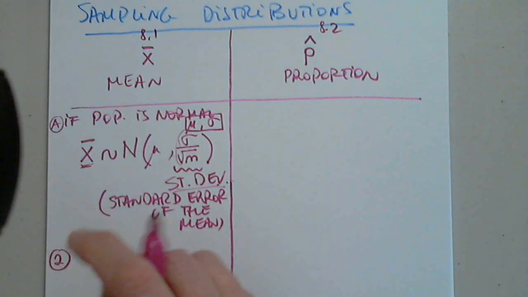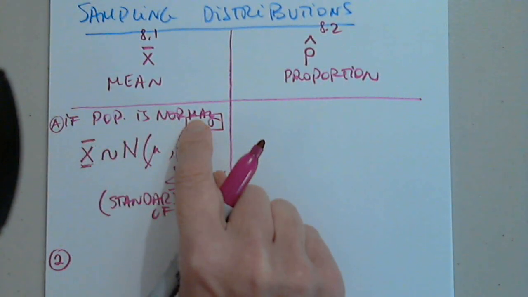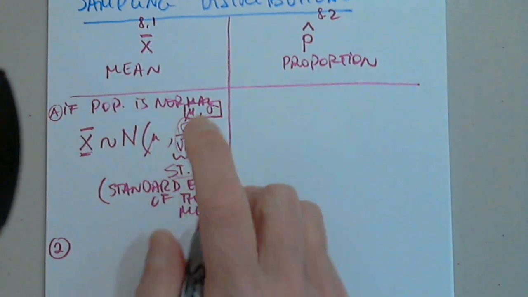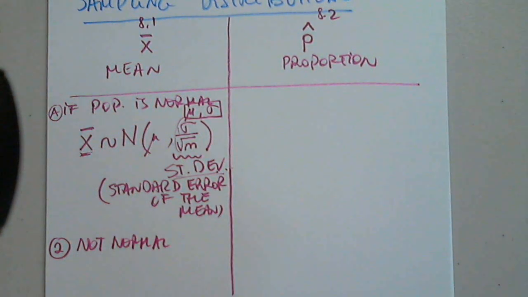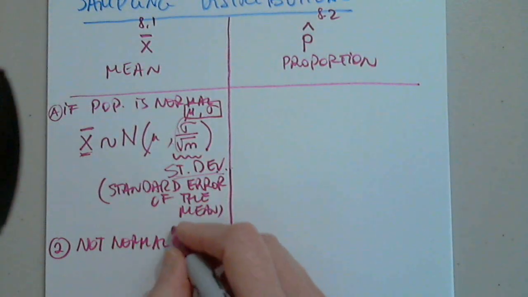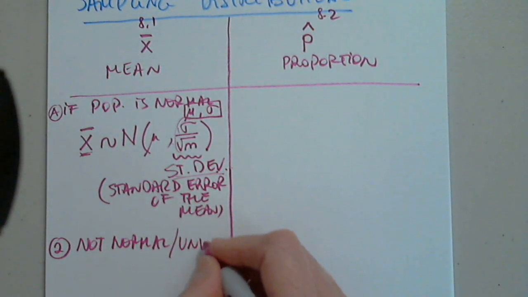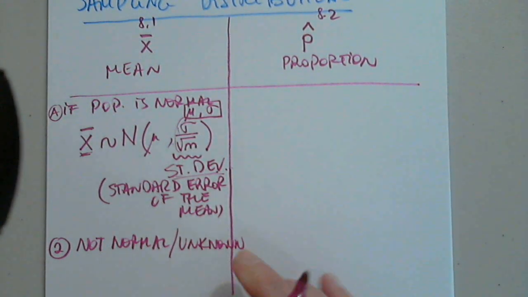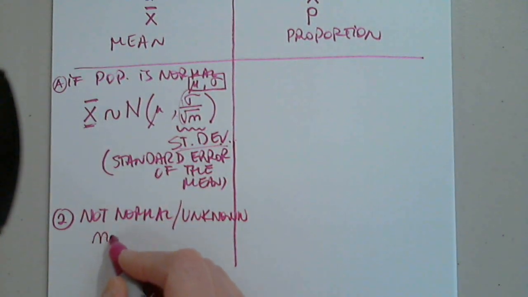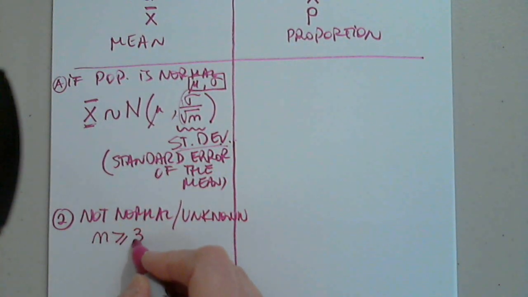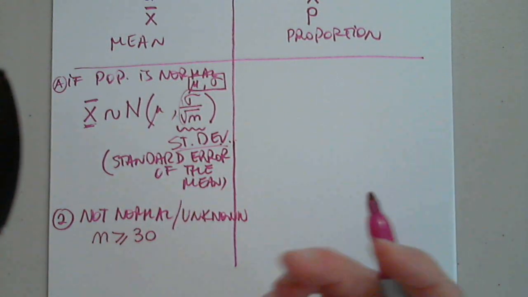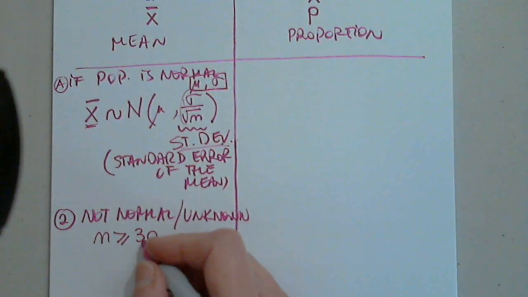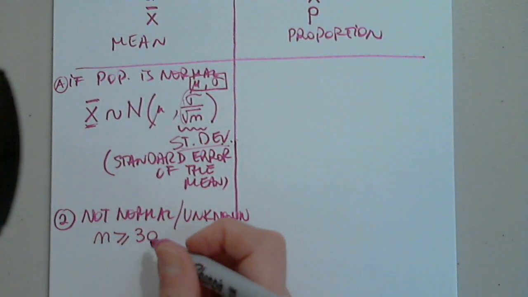Second option, let's say the population is not normal, or we don't know if it's normal or not, unknown. Then, if the sample size is greater than or equal to 30, this was experimentally done over the years. Now you can ask, why 30 and not 29 or 55 or 102?